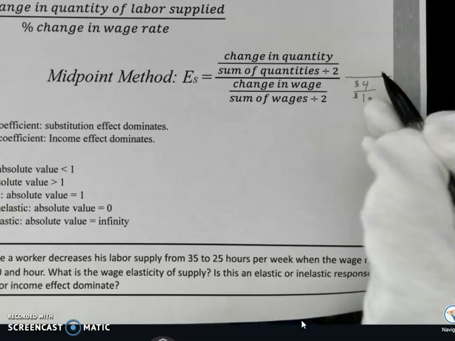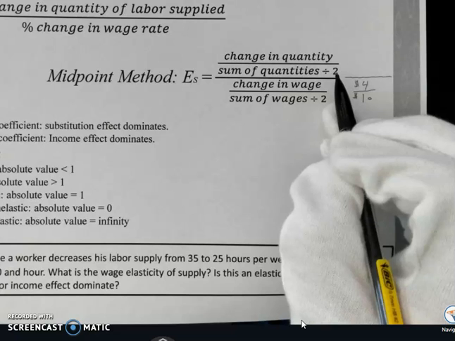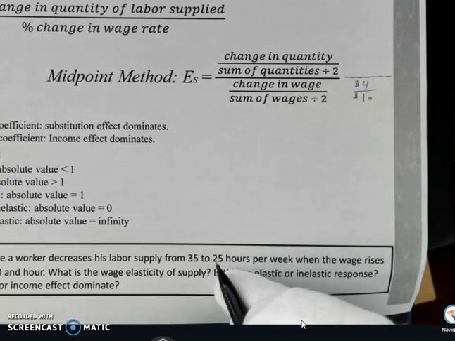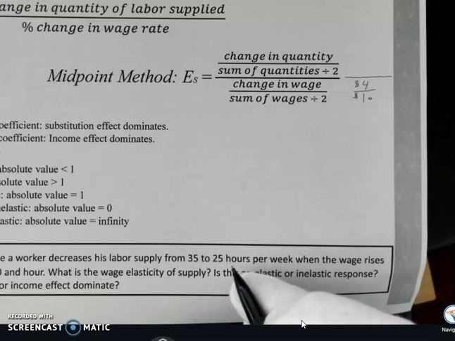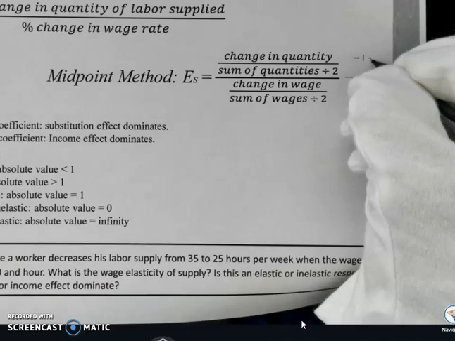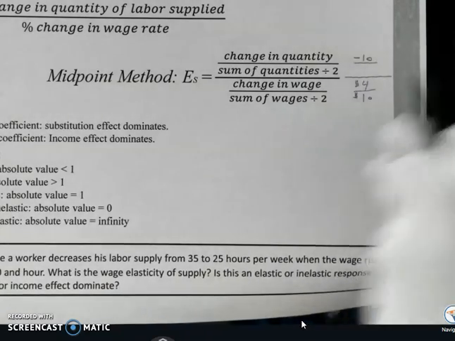Okay. And then for the numerator, we have the change in quantity over the midpoint of the quantities. Well, the quantities went from 35 to 25, and so we have a change of negative 10. So we're going to put negative 10 as the change in quantity, and then divide that by the midpoint.